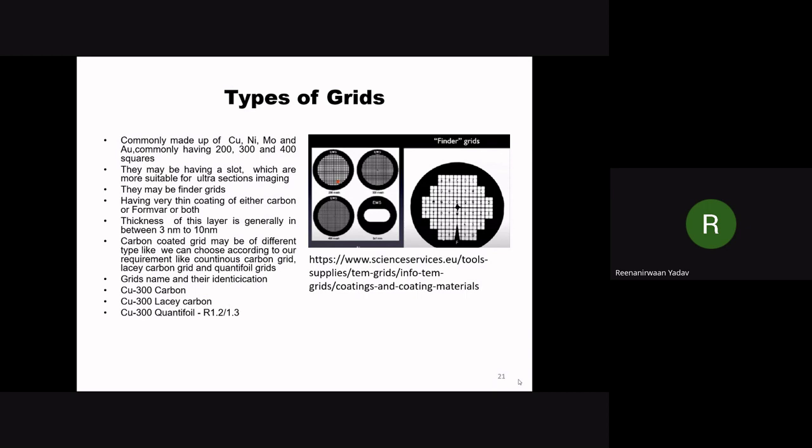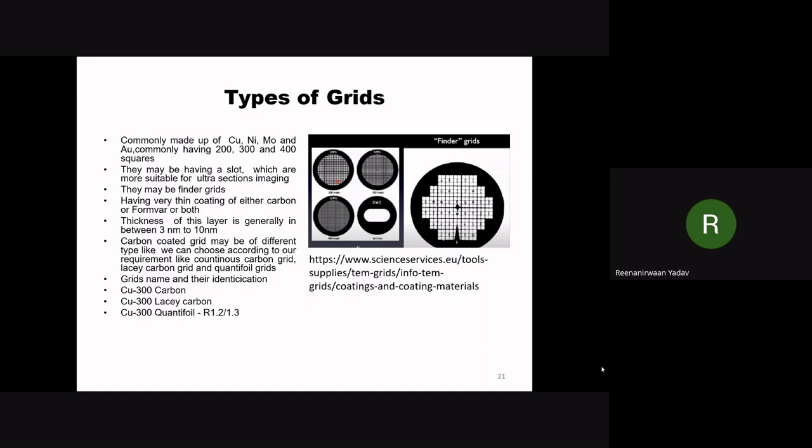If we talk about the grids which have a square pattern, they can have 200 squares, 300 or 400, and much more. If they have a single slot or a single notch inside the grid, we generally use this kind of grid in ultra section. And suppose we want to locate our sample at a particular area and then go back to imaging in some different microscope having a higher configuration, we can use finder grids.